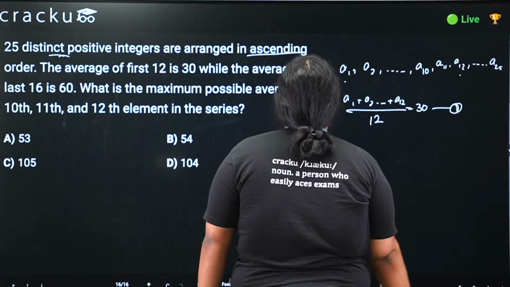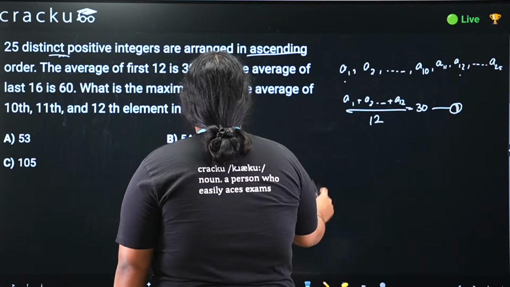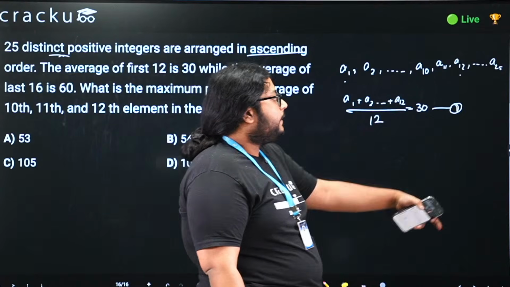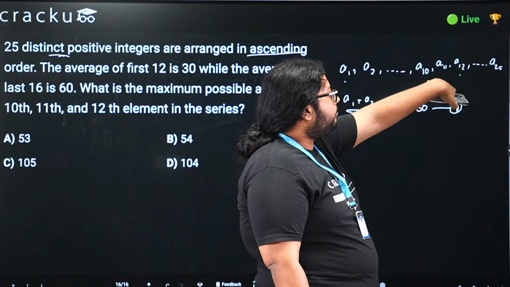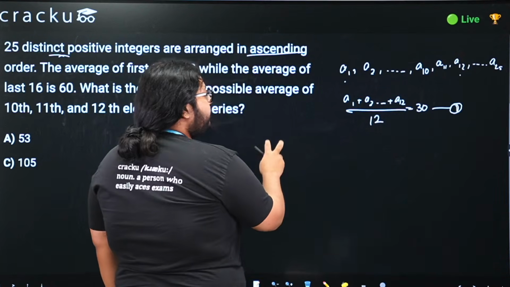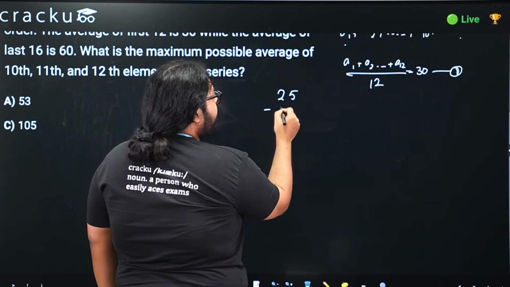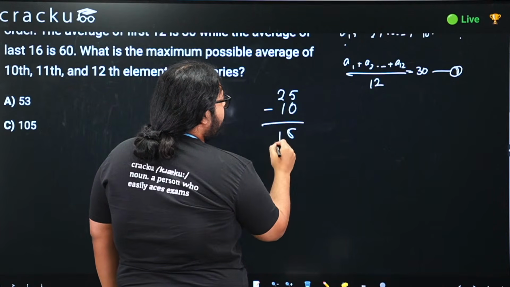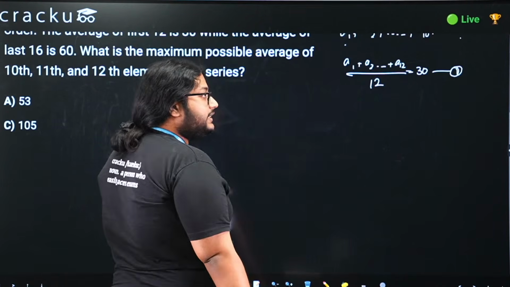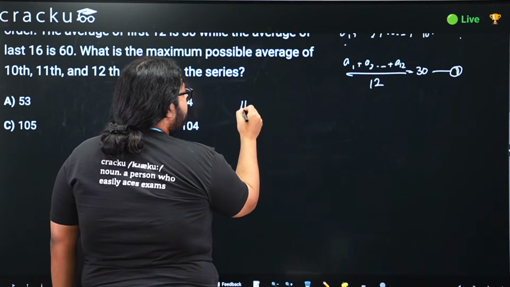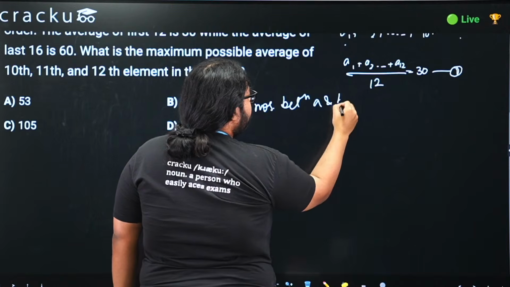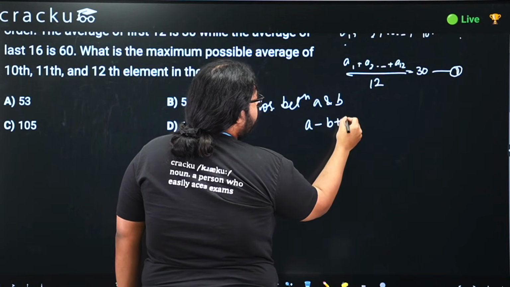This is one equation. Second equation, they tell us that the average of the last 16 is 60. What are the last 16 numbers? It should go from 10 to 25. The number of terms from 10 to 25 is 25 minus 10 plus 1, which is 16. The number of numbers between two numbers A and B is given by B minus A plus 1.